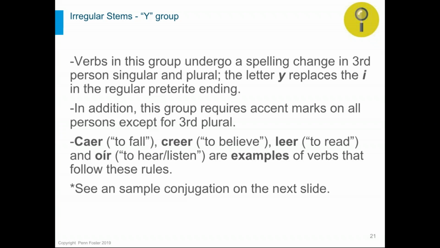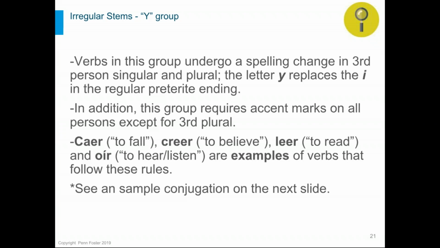And you'll see that more clearly explained as we get into some examples here. All right, within this group, there are accents applied to all persons except for third plural. So the bottom right portion of your conjugation charts will not have an accent mark.